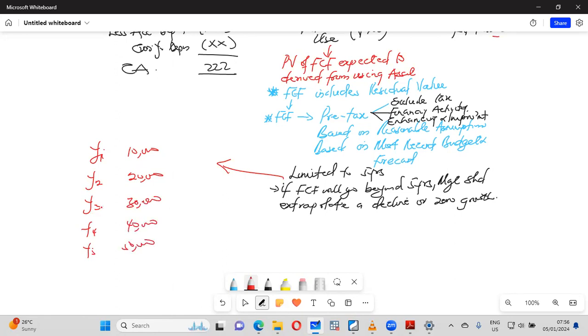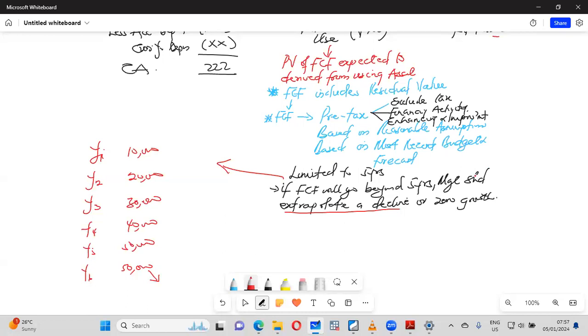That is fine, it's within 5 years. But if you go beyond 5 years to year six, you can't go on with 60,000, because the standard says that you should extrapolate a decline or zero growth. So from year six going, it should be 50,000 and below. So that is how it has to be.